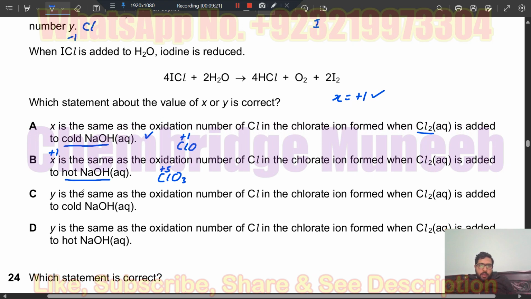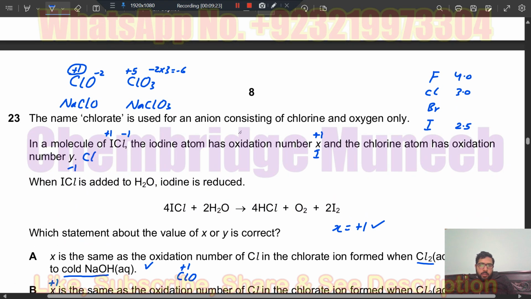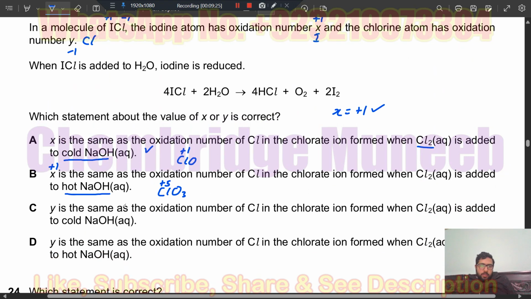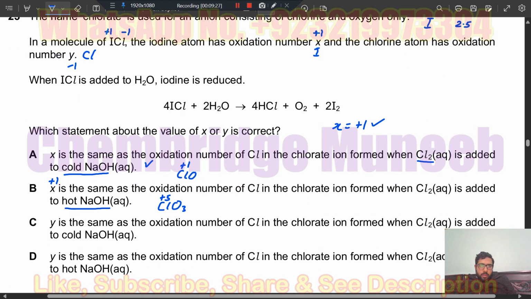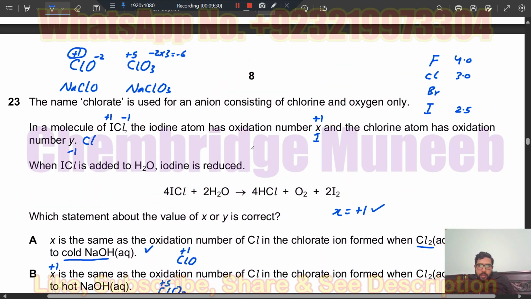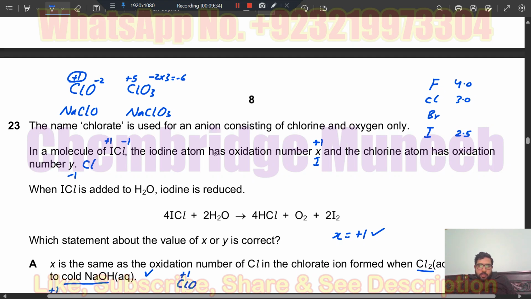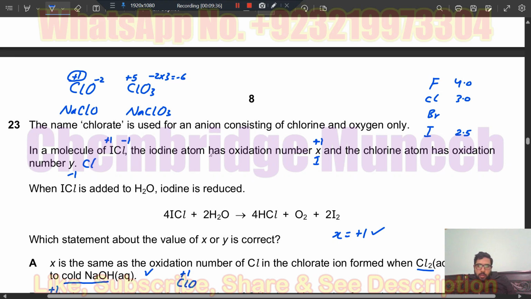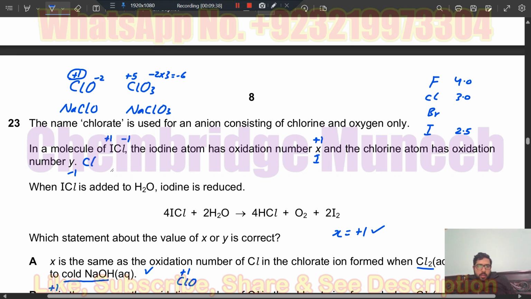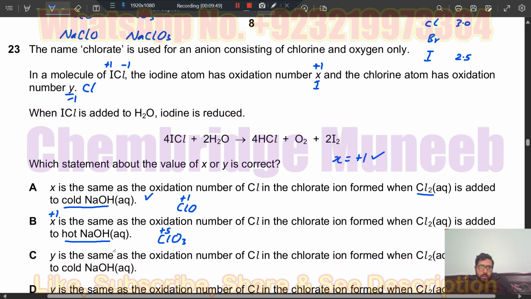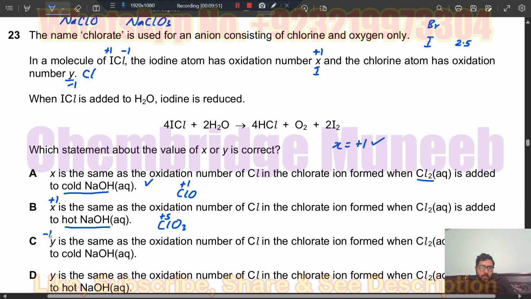And Y is the value of chlorine in ICl, so it should be -1.